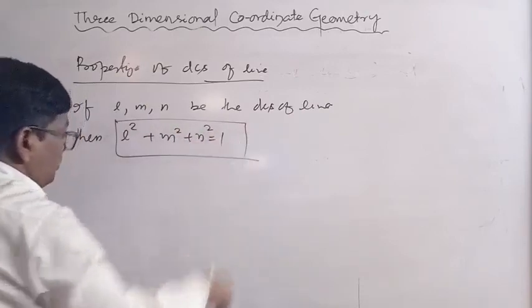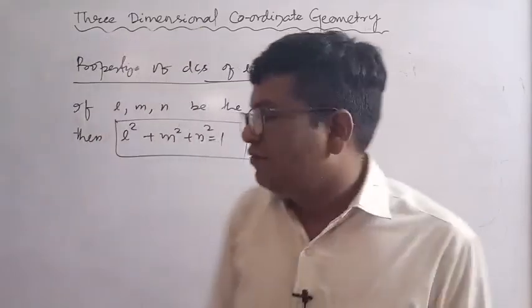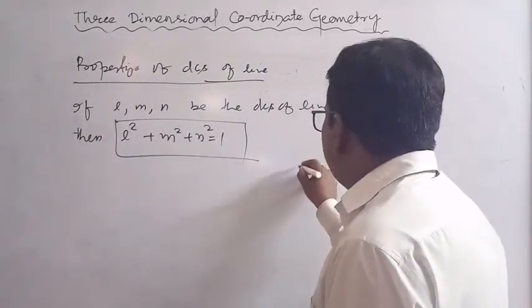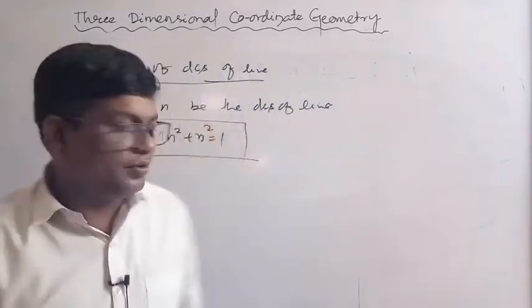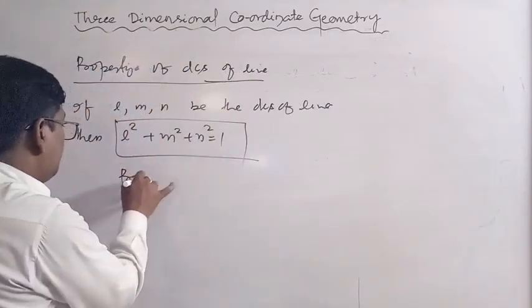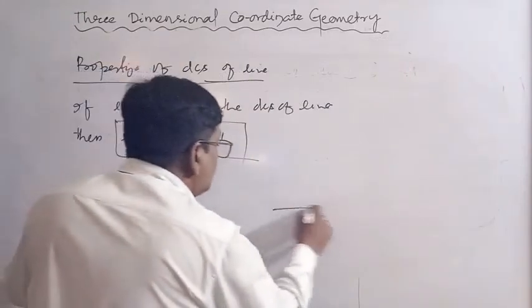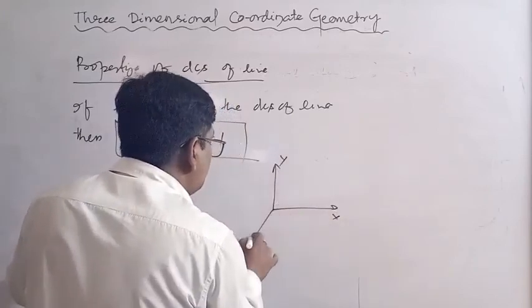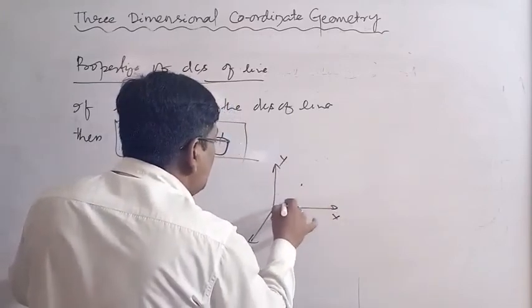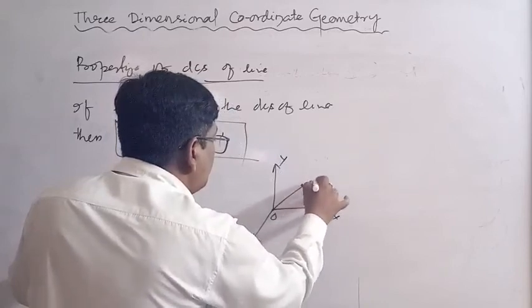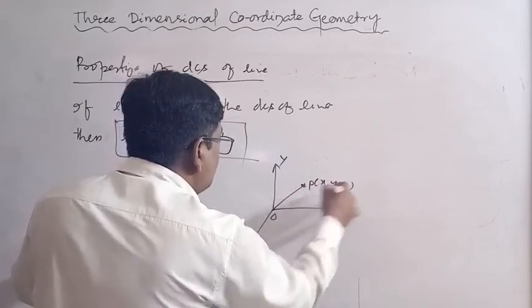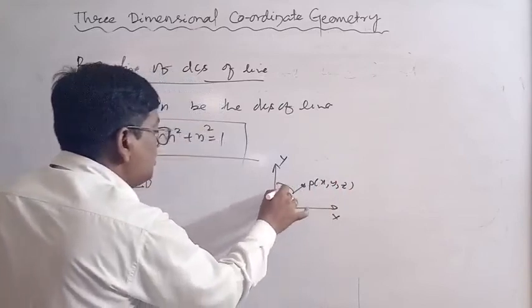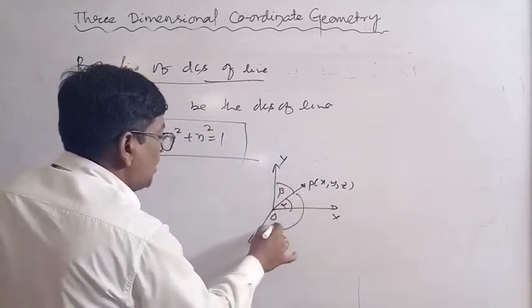This is the property. Okay. Suppose proof: this is x axis, this is y axis, and this is z axis. Suppose this is O and this point is P, with coordinates x, y, z, and angles alpha, beta and gamma.